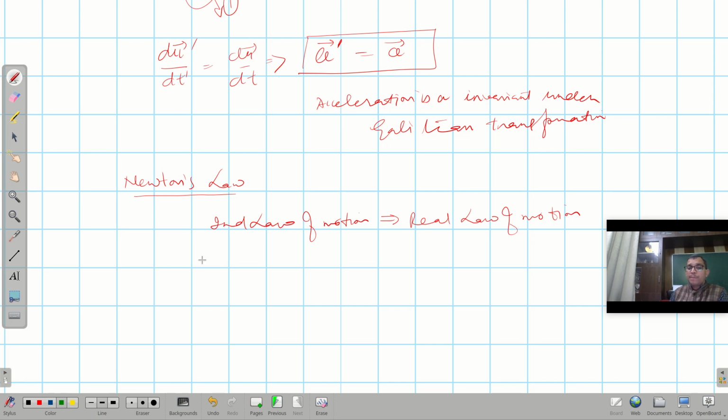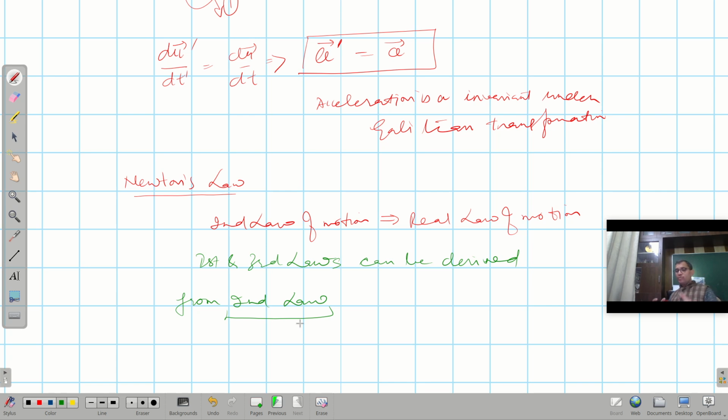That means the first and third laws, as you have studied in lower classes, can be derived from the second law. So it is sufficient to check the invariance of Newton's second law of motion.